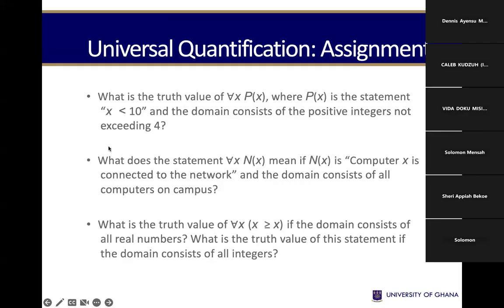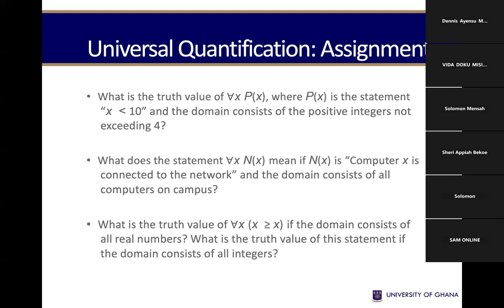Okay. So the question is, what does the statement ∀x N(x) mean? If N(x) is "computer x is connected to the network," that's the first part of the question, and the domain consists of all computers on campus. So what does the statement mean? This one is not asking what's the truth value.